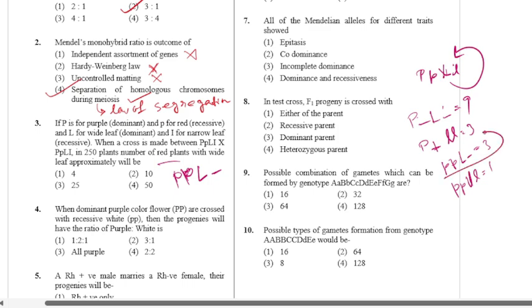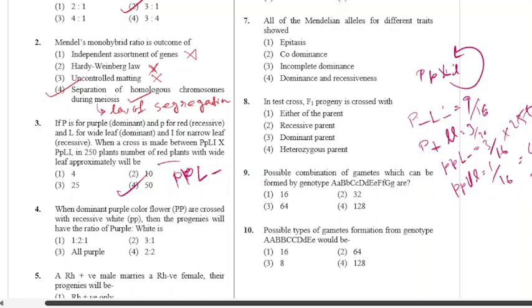And we have to find out the number among 250. So this is 3 by 16; everything we can say 9 by 16, 3 by 16 and 1 by 16. So this is 3 by 16 into 250. We can get 46.8, and this is around 50, and here is the answer, 50. Okay, cool.